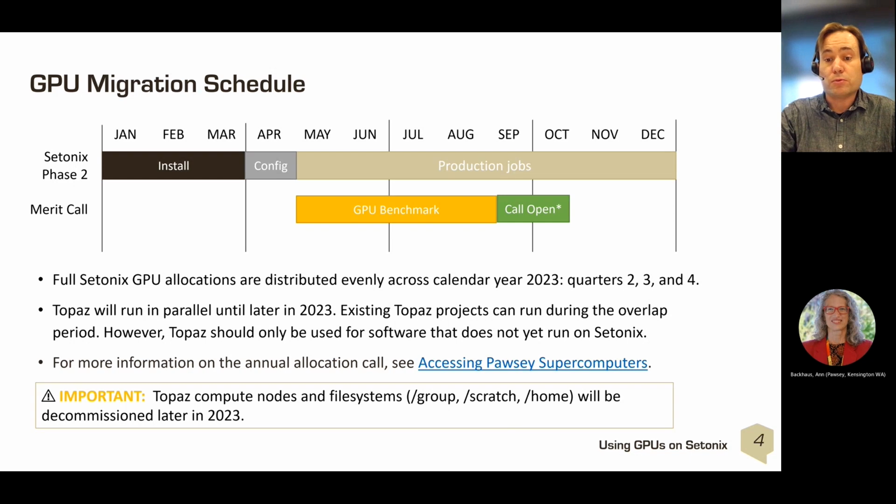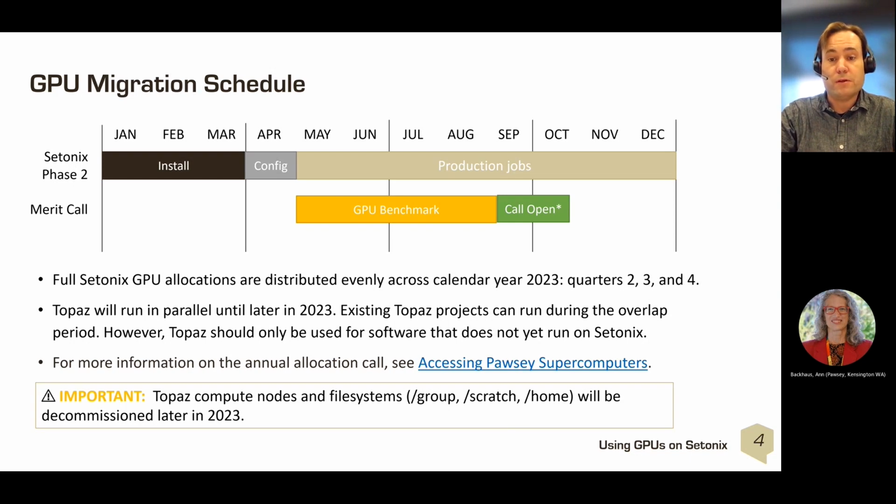So existing Topaz projects can continue to use their Topaz allocations on Topaz. However, we would encourage researchers to consider moving to the Setonix GPU partition sooner rather than later, and try to only use Topaz for software that is not yet able to run on Setonix.